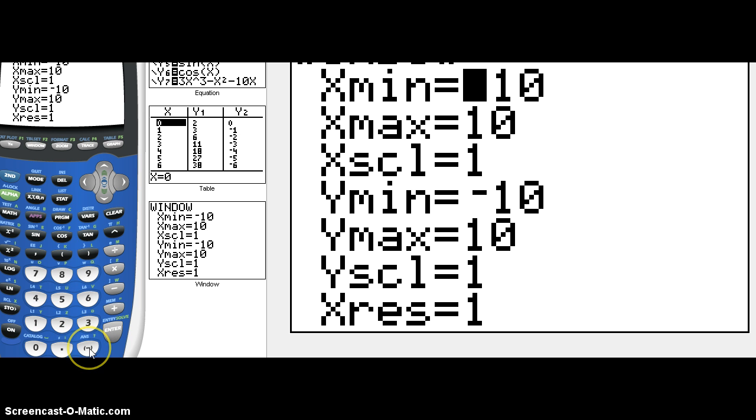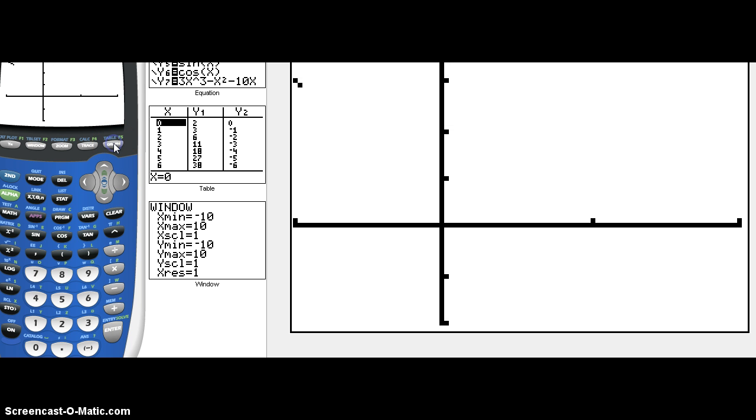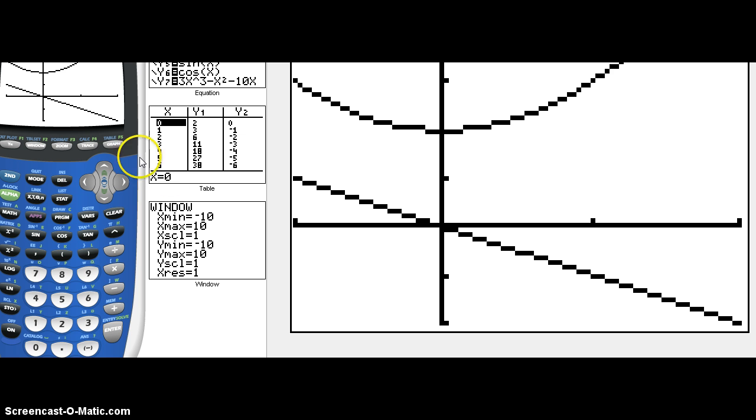So I'm going to go from -1 to +2, so I have a little bit of room on each side. And my y's, I'm going to go from -2 to +4, and I know that because I already graphed it by hand. And when I hit graph, here comes my parabola, here comes my line, and the region I'm trying to find the area of is in between those two.